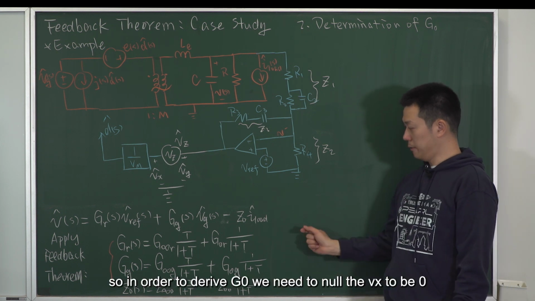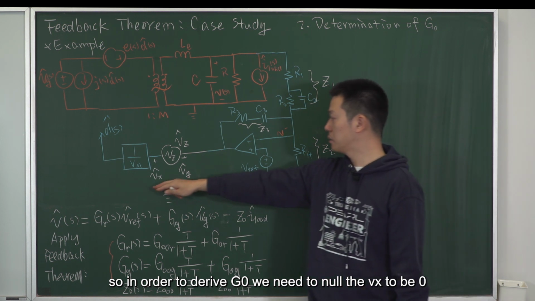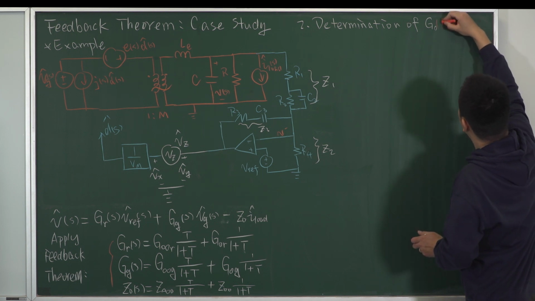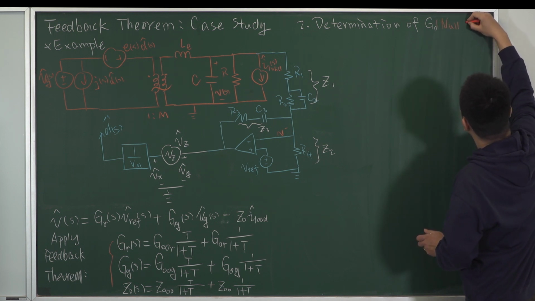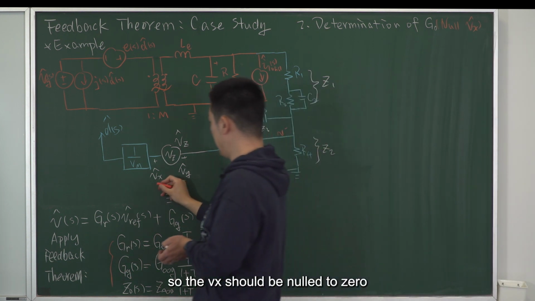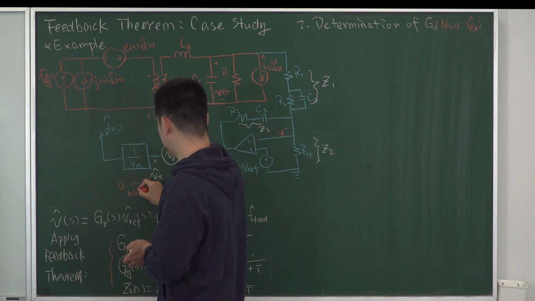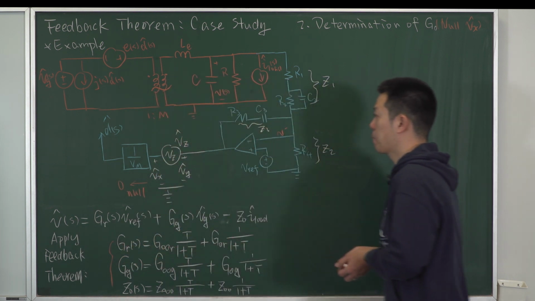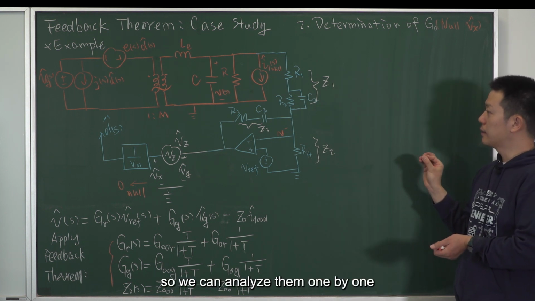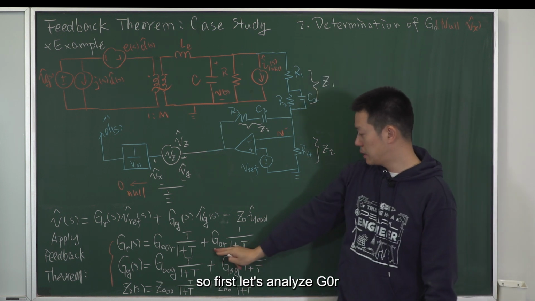So in order to derive G0, we need to know the Vx to be 0. So Vx should be nulled to 0. So we can analyze them one by one. So first, let's analyze G0R.